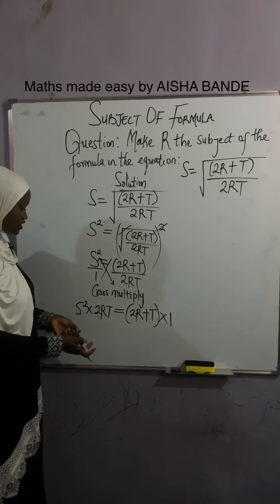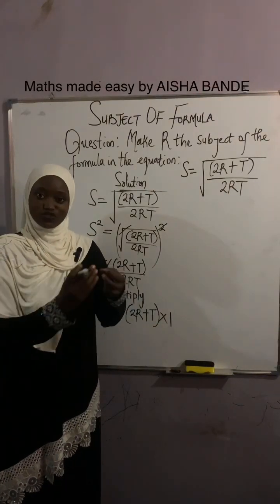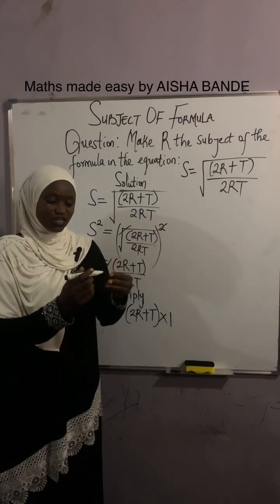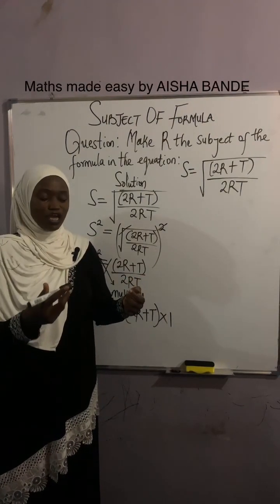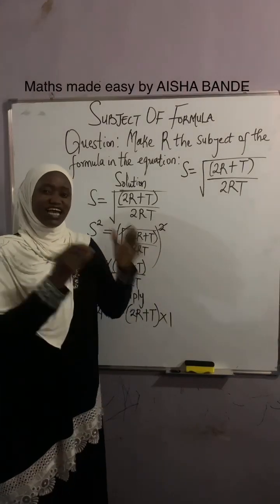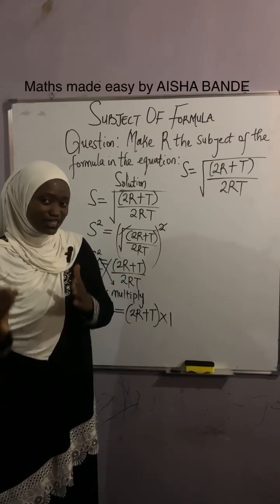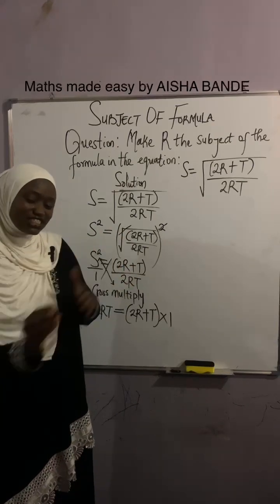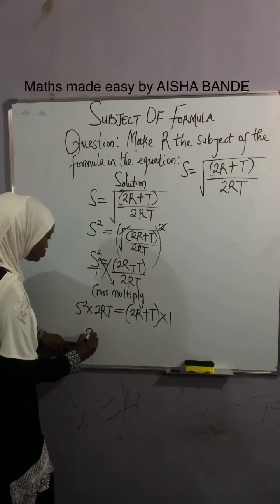At this point, what I tell my students to do when you have letters together with numbers multiplying each other, I advise students usually to ensure that the number comes first and try to arrange the letters alphabetically. What I mean is arrange the letters the way it is from A to Z. Okay, so here we have 2.